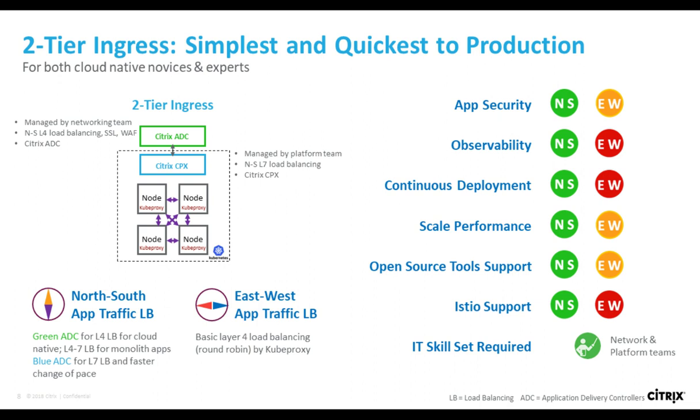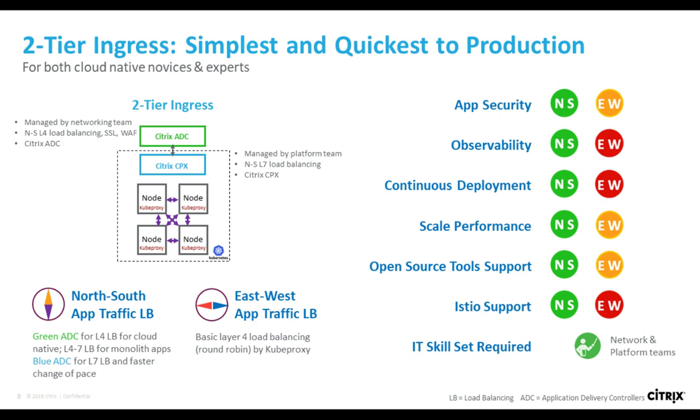For performance and scale, all the ADCs for north-south scale extremely well. You can do the clustering. But if you are considering east-west, we recommend using IPVS mode instead of IP tables mode for kube-proxy to get better scale.